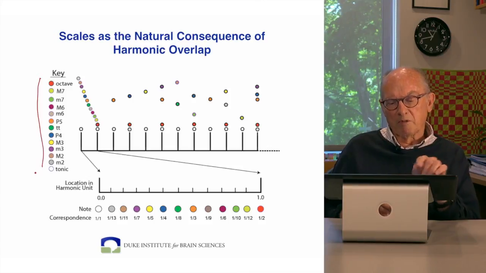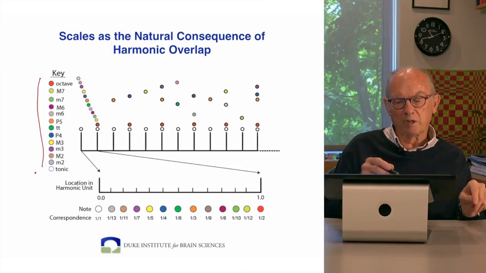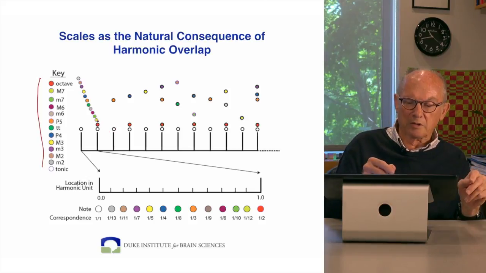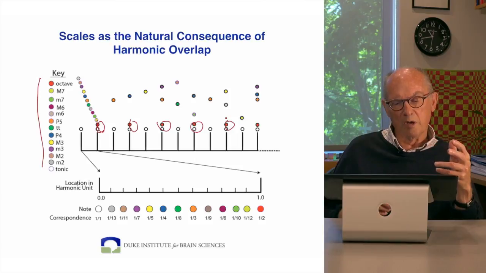So you can see from this that the playing of unison is complete harmonic correspondence. Every time you play two notes together, every single harmonic of the two notes is in correspondence. When you play an octave, and this would be the white symbols and the red symbols, then it's the case that every other harmonic in the two notes is in correspondence.